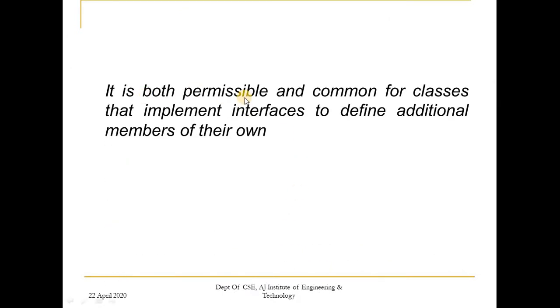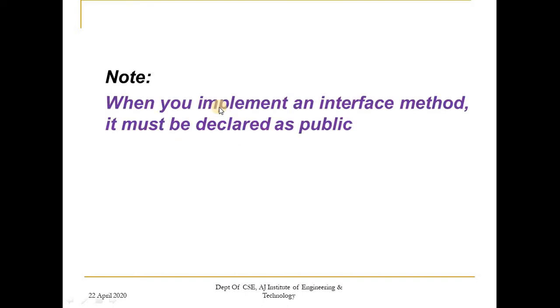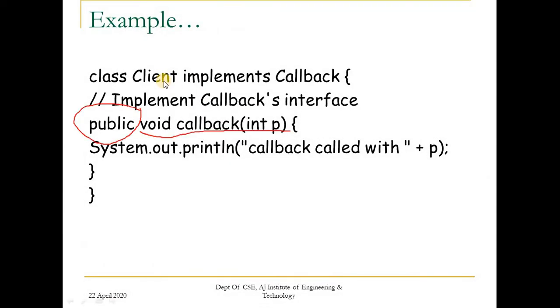It is both permissible and common for classes that implement interfaces to define additional members of their own. So see here. Now in this Client class we have just implemented the method of the interface, right? Now this Client class can define its own methods also.